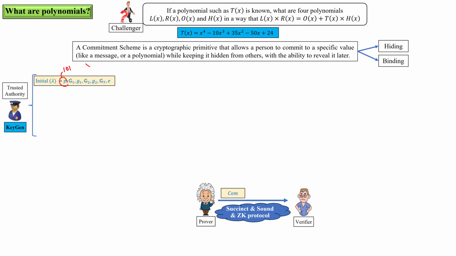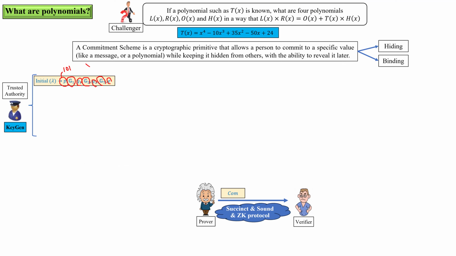Based on this prime value, the trusted authority also decides a specific elliptic curve, and then using that specific elliptic curve and the prime value generates G1 with the generator of G1 and G2 with the generator of G2, and a pairing that maps the values into a target group.